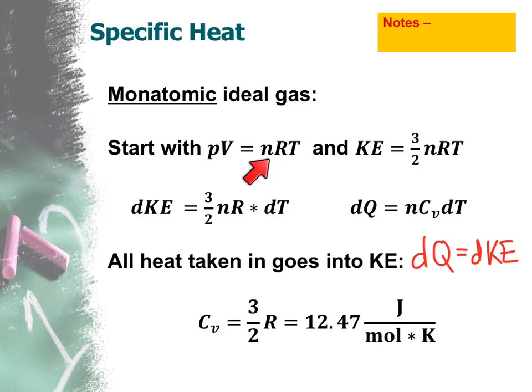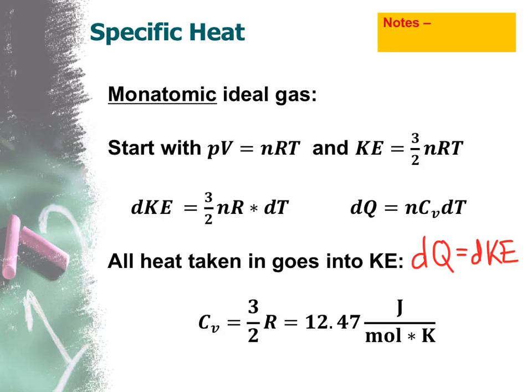I'm going to go back to the nRT form instead of the capital N k T form. And when I do that, I can also say that the amount of kinetic energy stored in this gas is equal to 3/2 times little n big R times T. We learned this in lesson 9.1.1, but we had a capital N little k here.